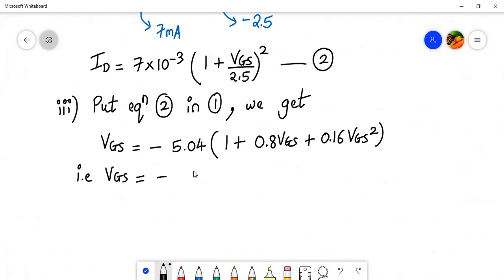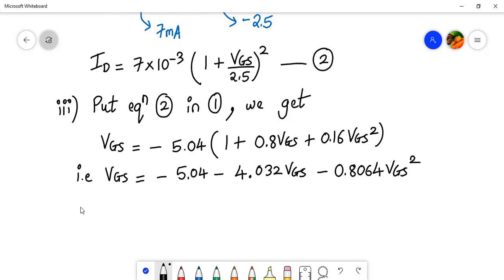We open the bracket: minus 5.04, minus 0.8 into 5.04 is 4.032 VGS, and minus 0.16 into 5.04 will be 0.8064 VGS square. You can check it patiently and calmly.